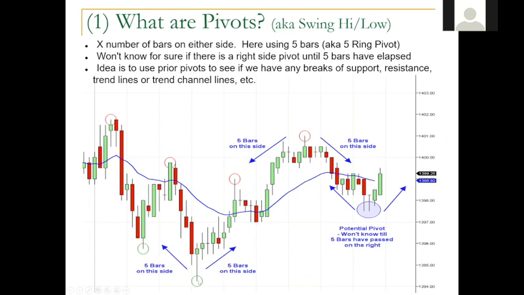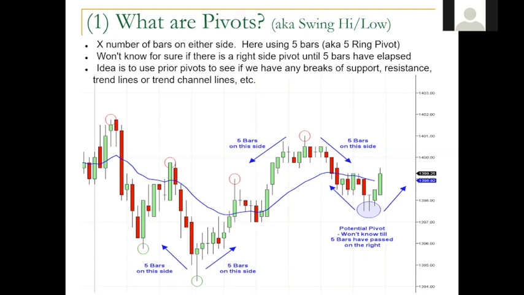So this would be a low pivot, and it's usually marked in green. Likewise here, I've got 5 bars on this side, 5 bars on this side, so I get a circle here indicating this is a pivot. Now here, I've got 5 bars on this side, but I don't have 5 bars on this side. I've only got 3. So you won't know this is a pivot till we get 2 more bars. After that, we'll know if we get a pivot there or not.